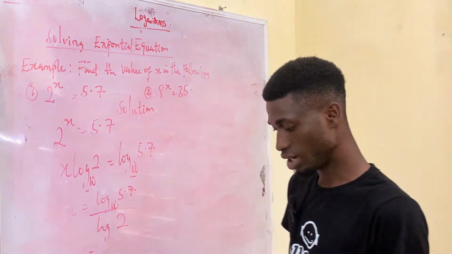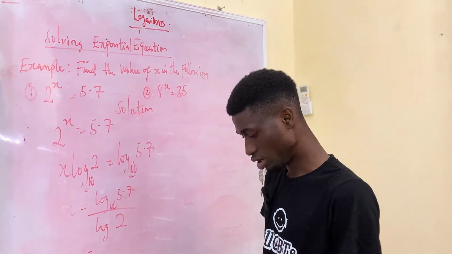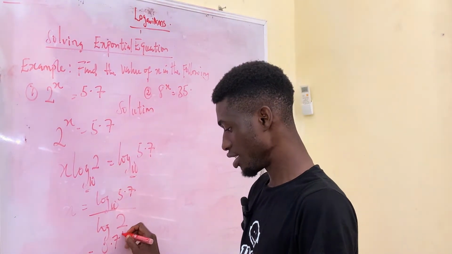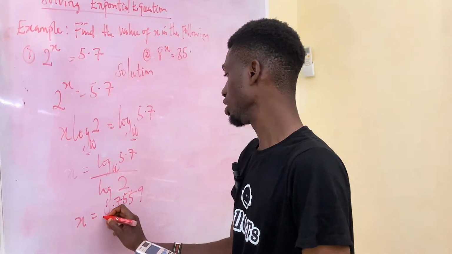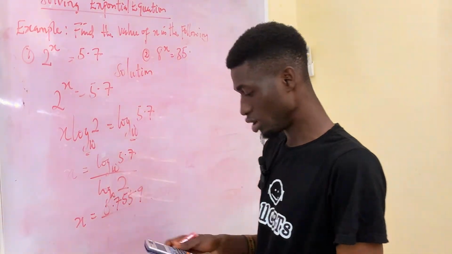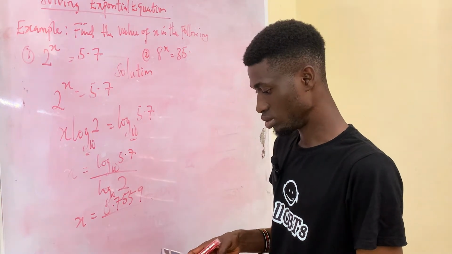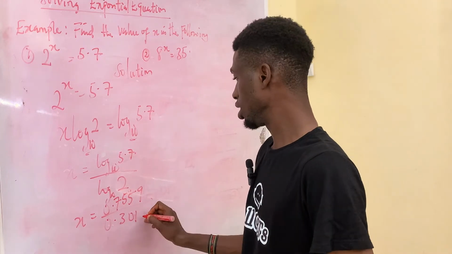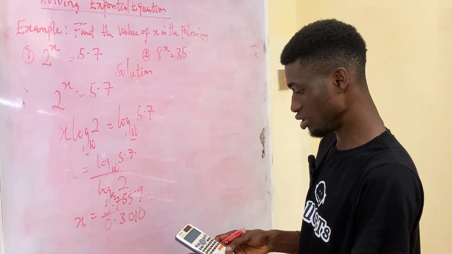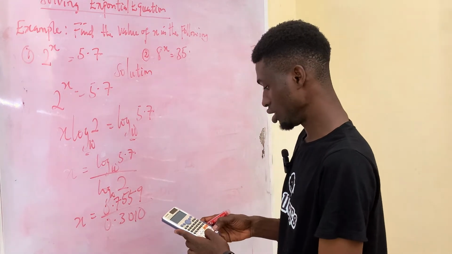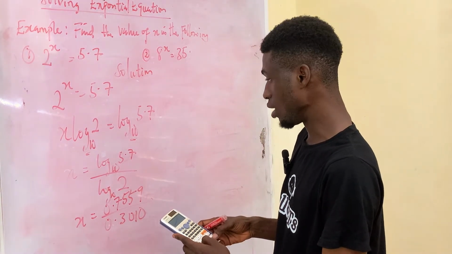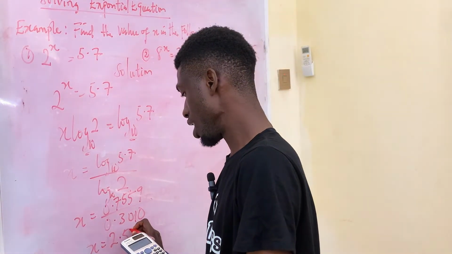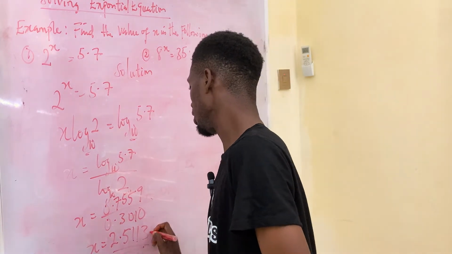So x, press it out in your calculator, log 5.7, you have it as 0.7559 on log 2. Once you press that in the calculator, you have it as 0.3010. So dividing both sides, 0.7559 divided by 0.3010, then your x is 2.5113. You have gotten the value of x.